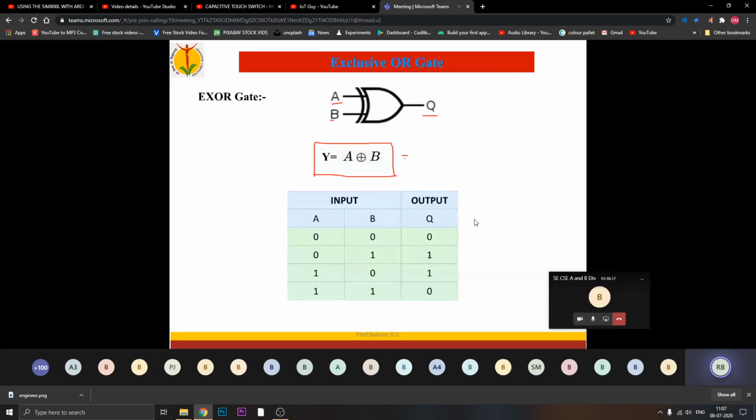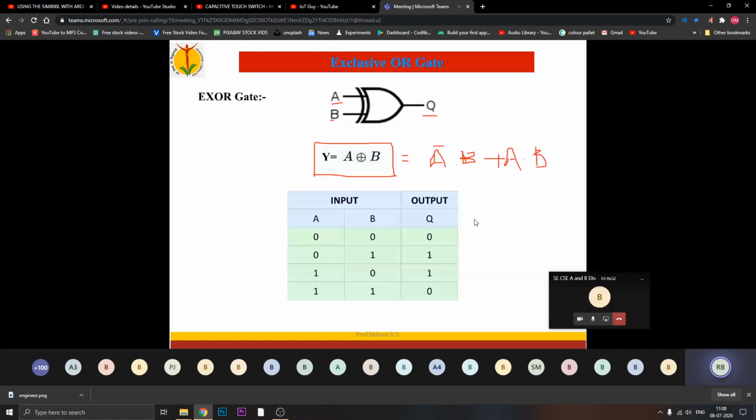If I expand, I get A complement into B, A complement into B. Please note it down. Y equal to A complement into B plus A into B complement.